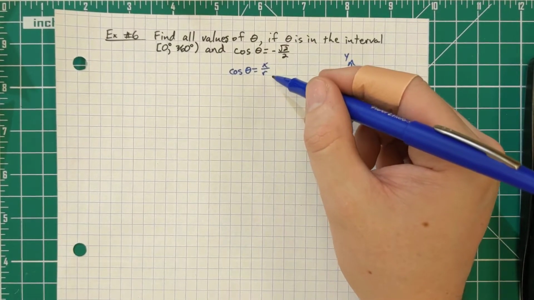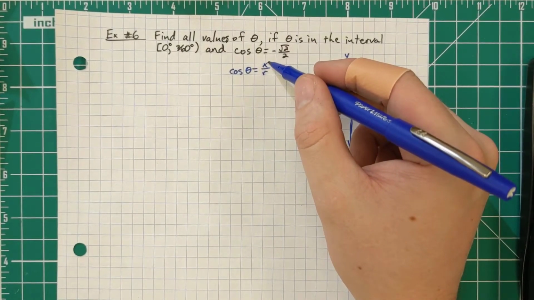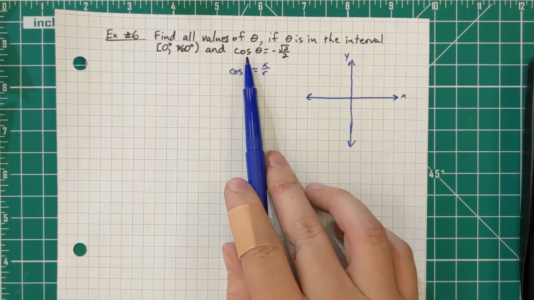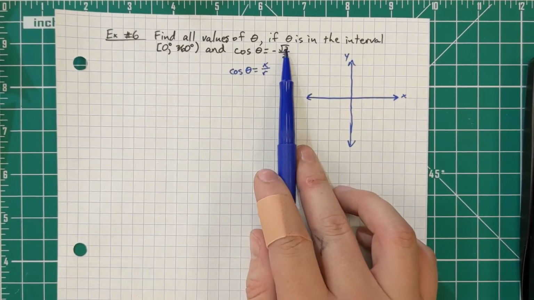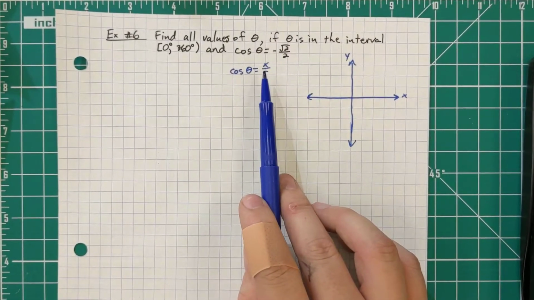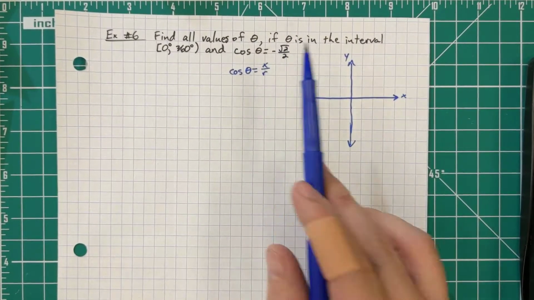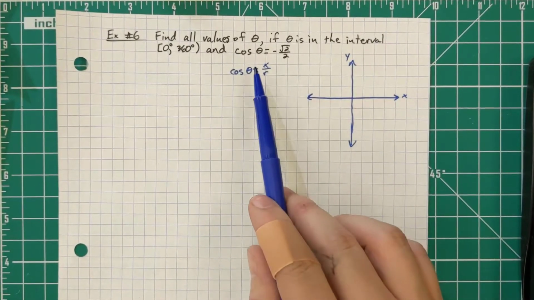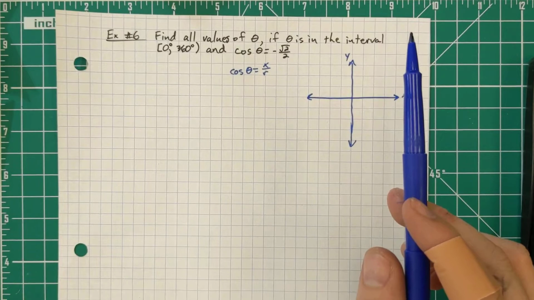R is always positive, so that means x is negative. In this case, cosine of theta is negative square root of 2 over 2, and since r can't be negative, the numerator has to be the square root of 2. So our x value has to be the square root of 2.